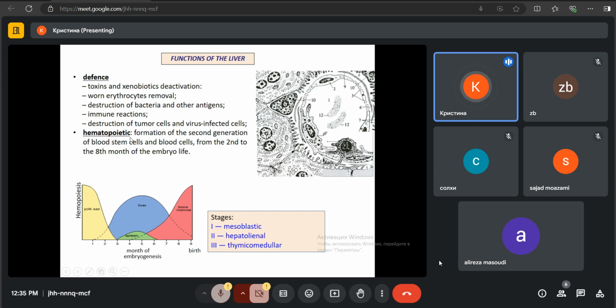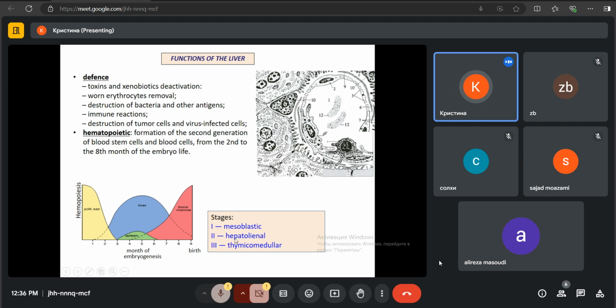And finally, the hematopoietic function of liver. As you remember, the formation of second generation of blood stem cells and blood cells happens from the 2nd to the 8th month of the embryo life in liver. It's the second period of embryonic hematopoiesis.